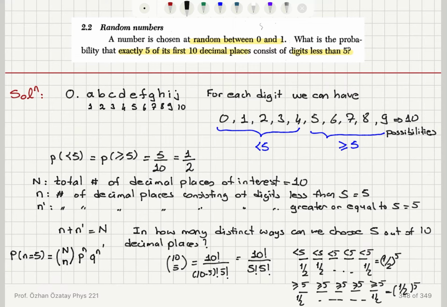So that is basically 10 factorial over 5 factorial, 5 factorial, times 1 over 2 to the power 5, 1 over 2 to the power 5.